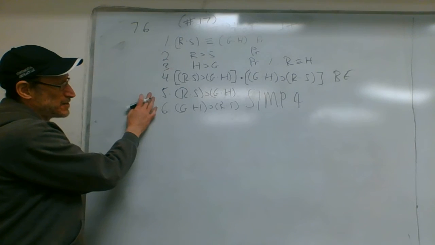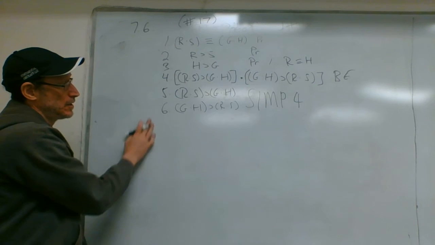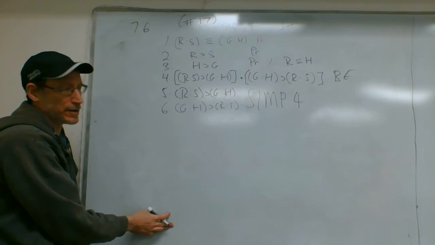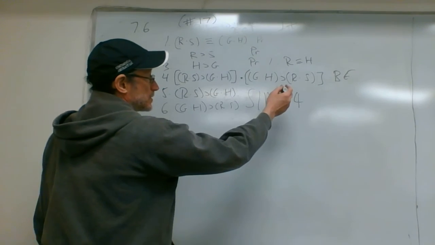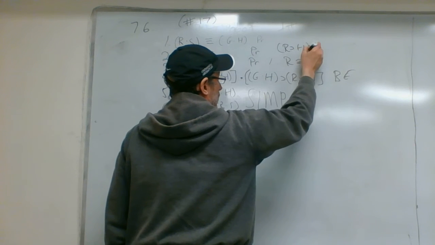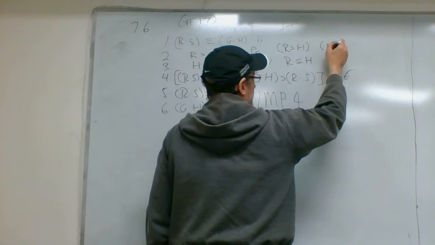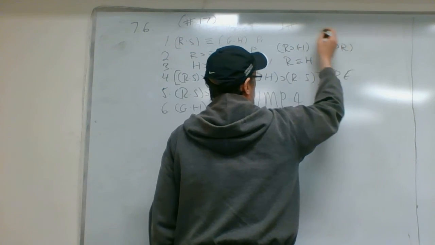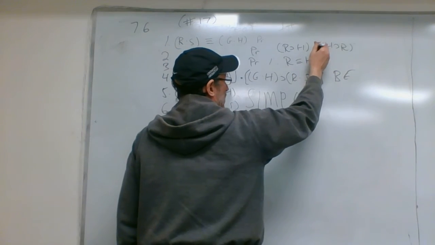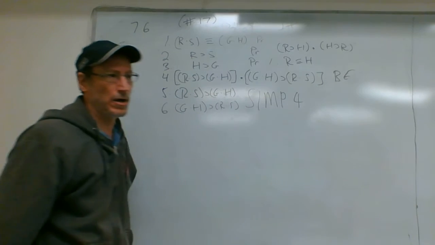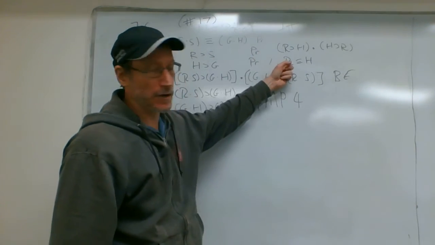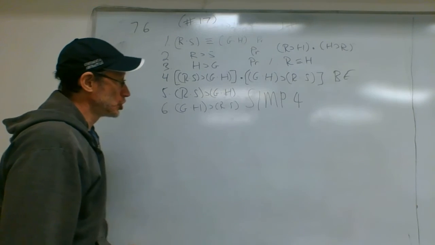We can't really break these down anymore right now, but what we could do is we're going to do 2 conditional proofs here. Because R biconditional H, if we work backward, is the same thing as R horseshoe H and H horseshoe R, which means that if I can get R horseshoe H and I can get H horseshoe R separately, then I would conjoin them, then I would be able to infer R biconditional H.